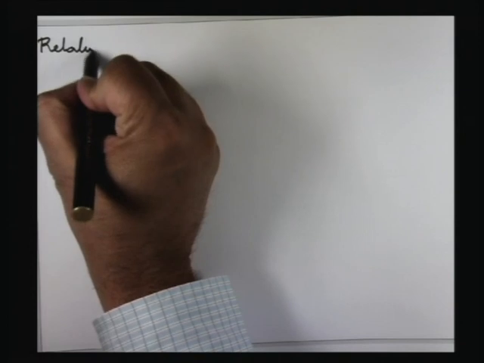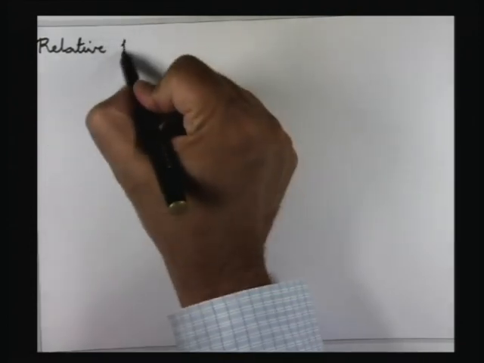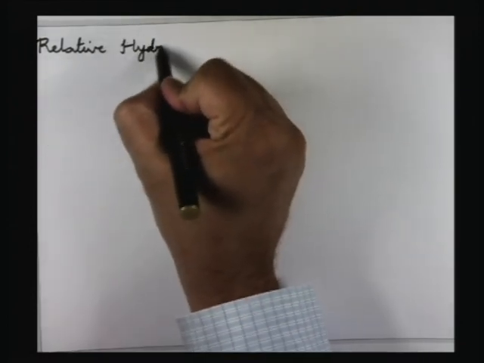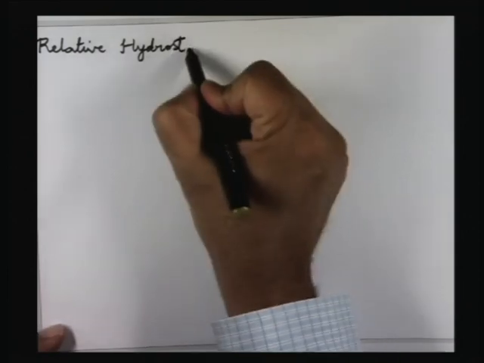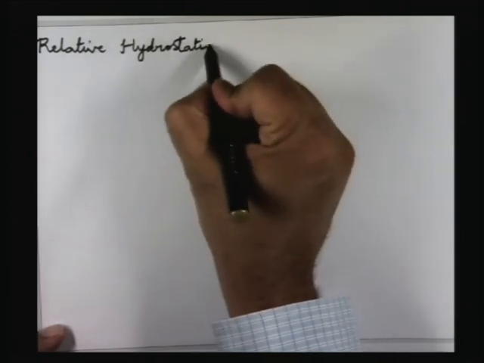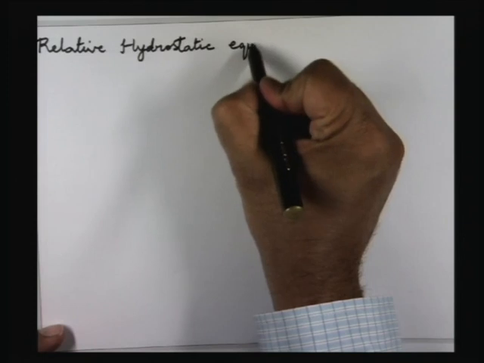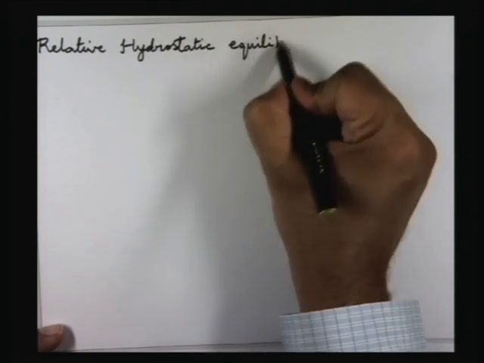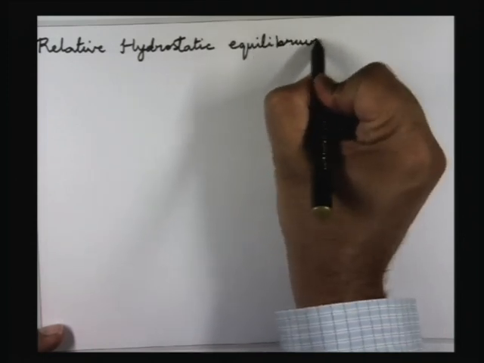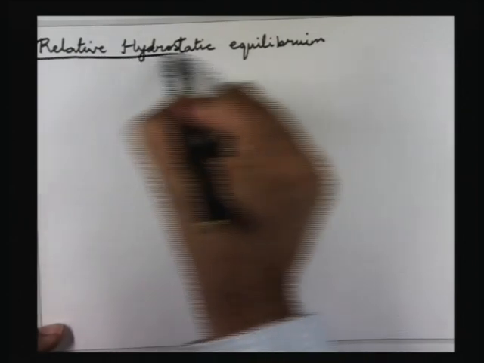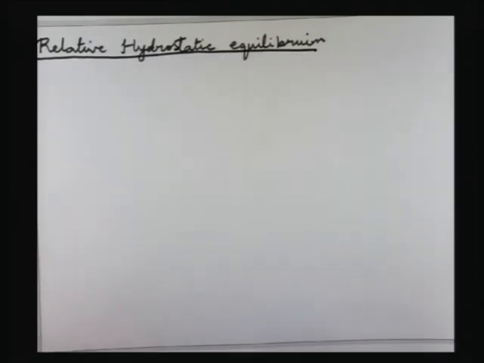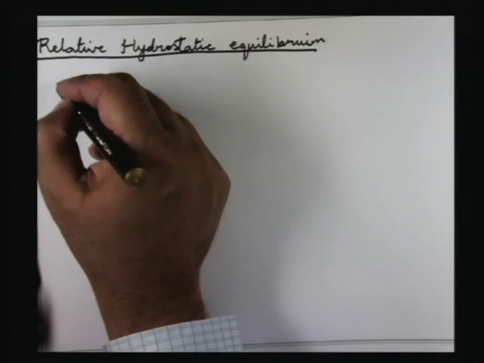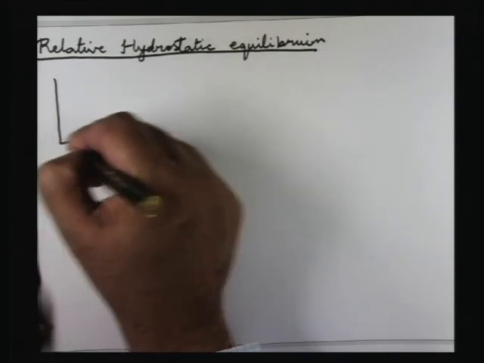Now let us look at what may be called relative hydrostatic equilibrium. I will consider a container which is partly full of a liquid.